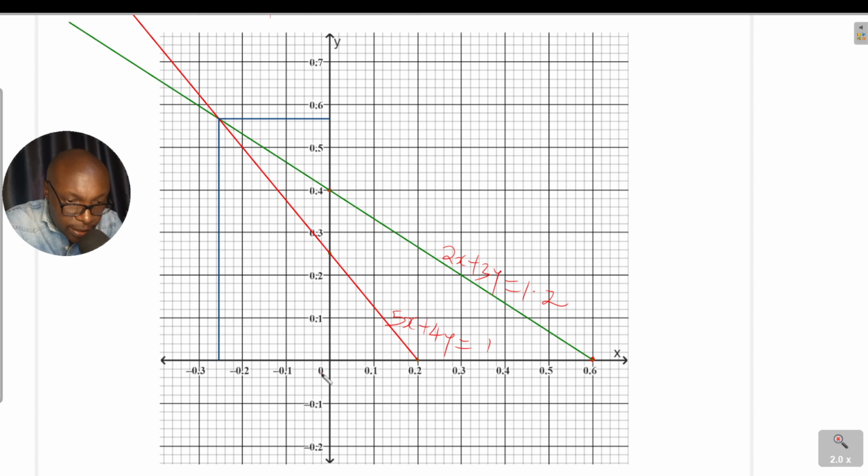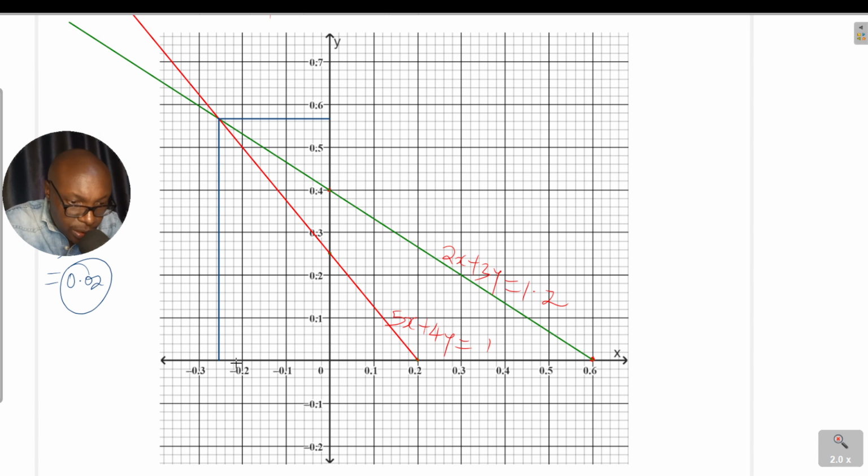What is the size of one small square? 1 centimeter here represents 0.1. We divide that by 5, and this gives 0.02. So one small square is 0.02.